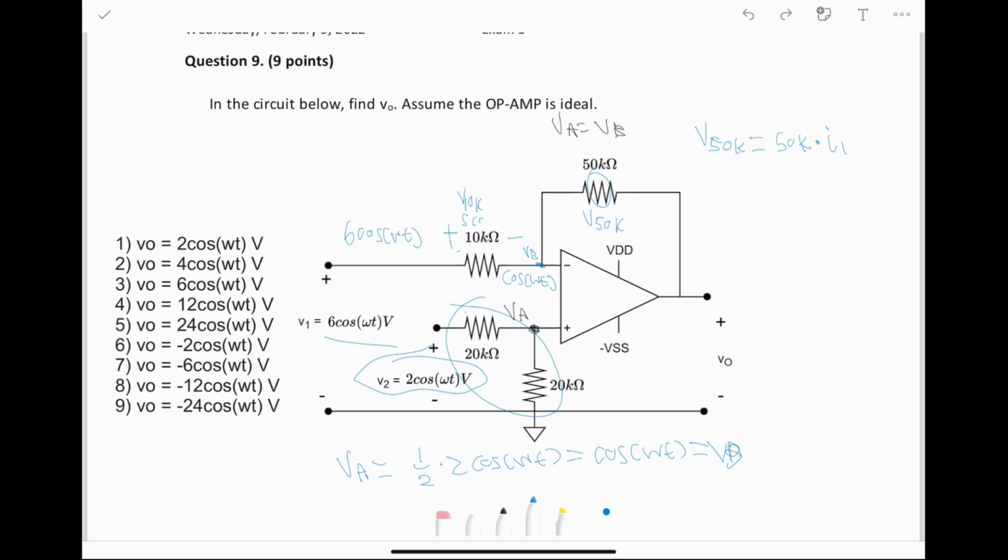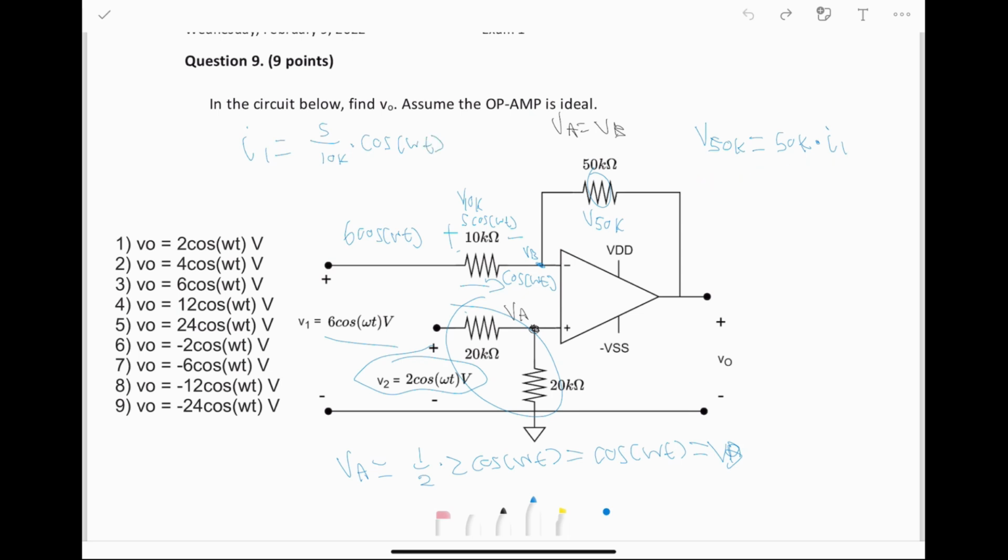So we'll say that it's 5 cosine omega t. Since we know the voltage drop from here to here is 5 cosine omega t, we know that I1, the current through this resistor, is going to be equal to 5 over 10K, which is the resistance, times cosine omega t.